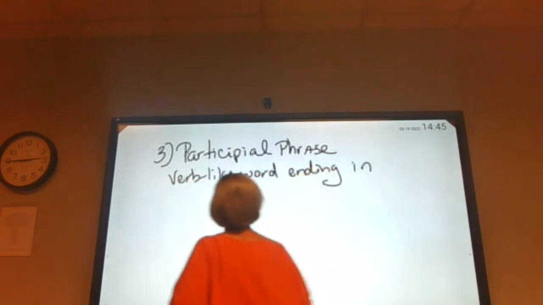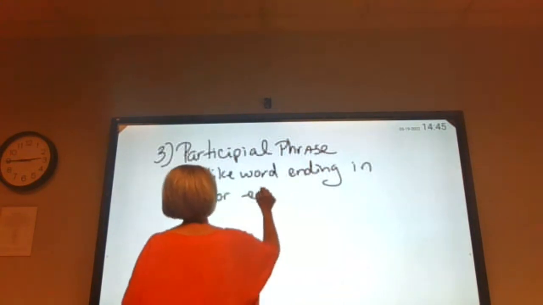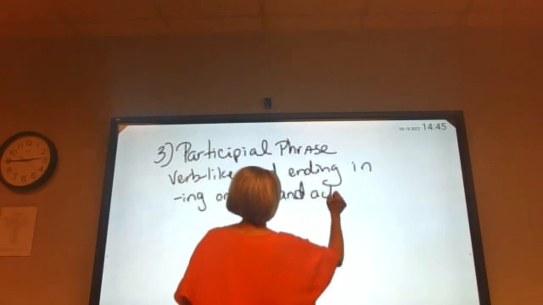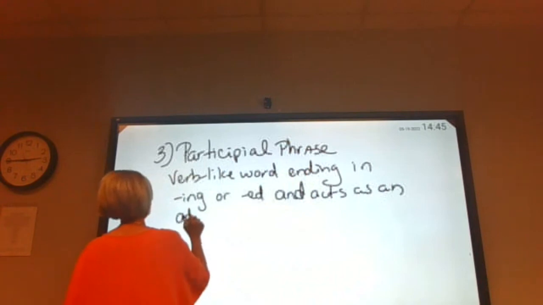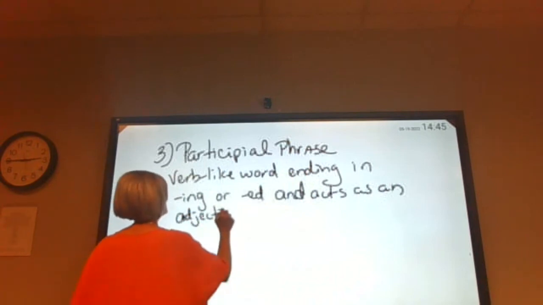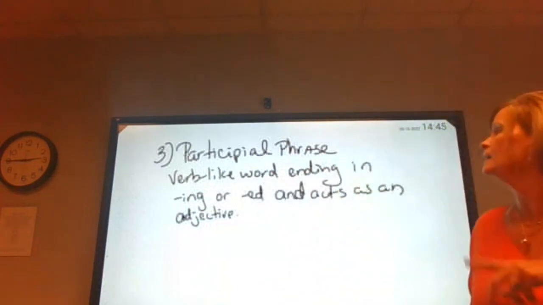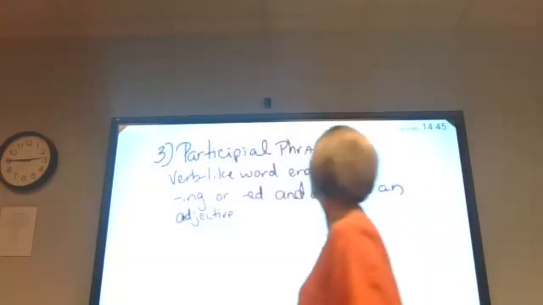It ends in -ing or -ed and acts as an adjective. So therein lies the difference. The gerund acts like a noun, so it can be a subject. This one simply is going to be descriptive.